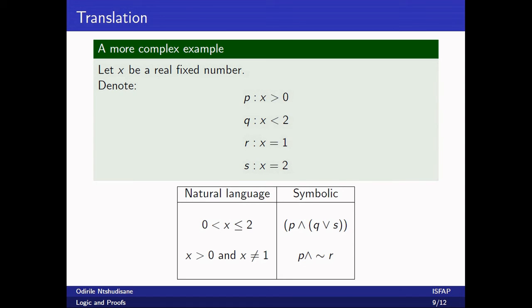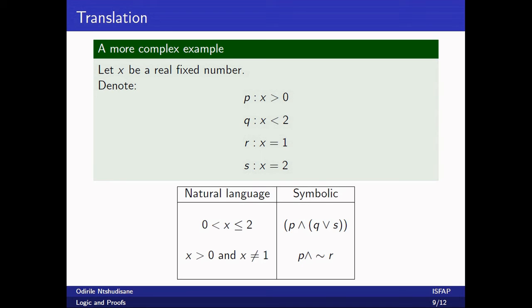To get a feel of this new language, let us give a comparison with the natural language. Let x be a real fixed number, and let us denote by P the statement x is greater than 0, by Q the statement x is less than 2, by R x is equal to 1, and by S x is equal to 2.